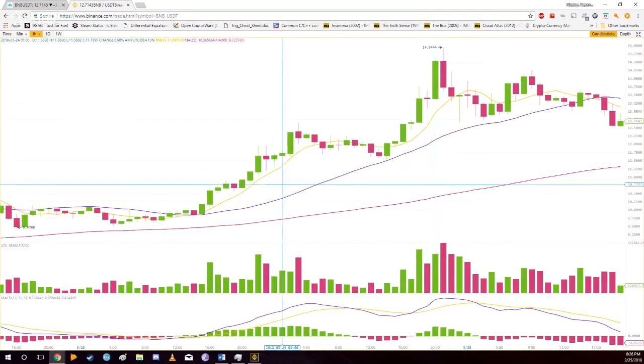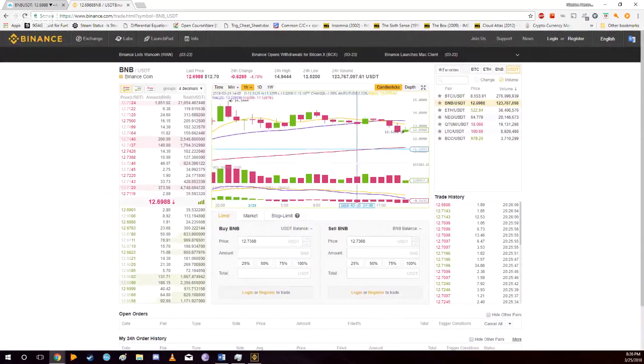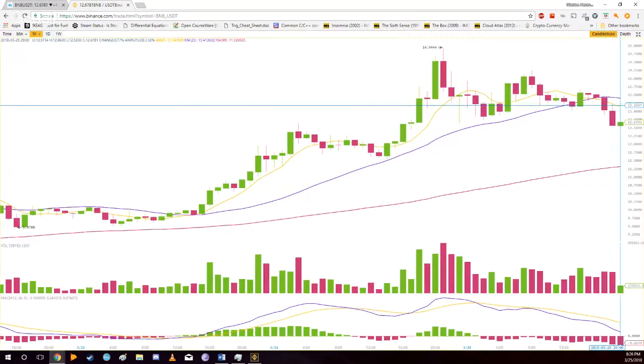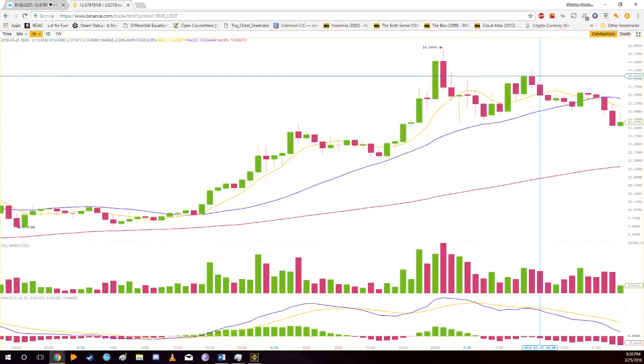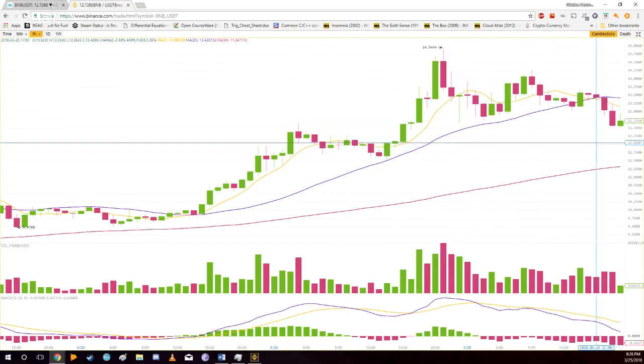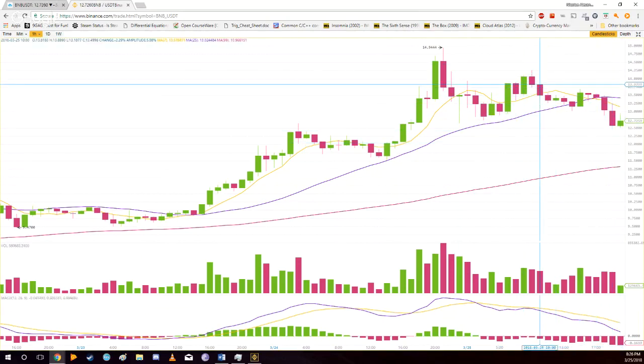Okay, let's start again. The MA10 will show you the current average of the last 10 candles. The moving average 25 will show you the moving average of the last 25 candles. So this area is about MA10.